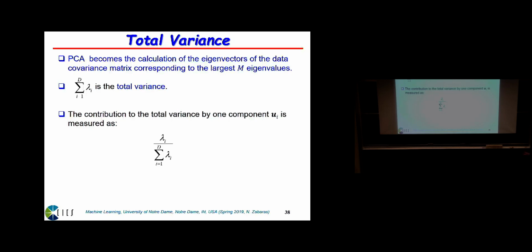So obviously, every time you do the projection, you're going to start with the eigenvector that corresponds to the largest eigenvalue, and you keep moving down. So when you project in an m-dimensional subspace, you're going to have to keep the m highest eigenvalues and the corresponding eigenvectors of the sample covariance matrix.